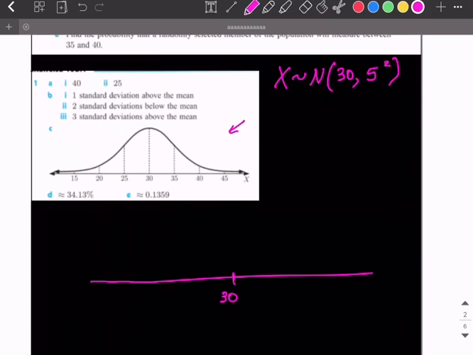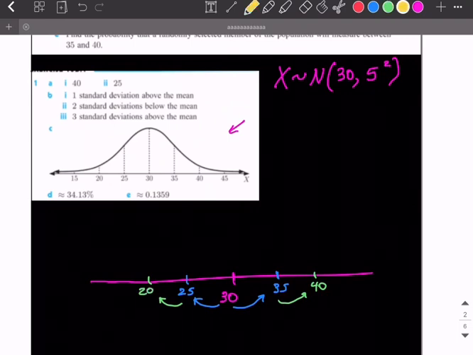This 5 means you go 5 this way to the number 35, and 5 this way, and you get 25. So this is 1 standard deviation. Now 5 more means you go to 40, and 5 more this way, you go to 20. This is 2 standard deviations.